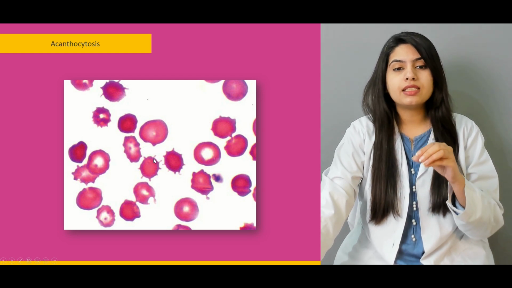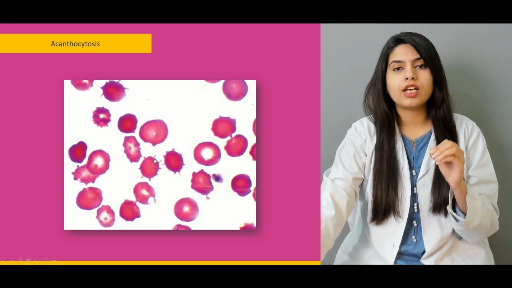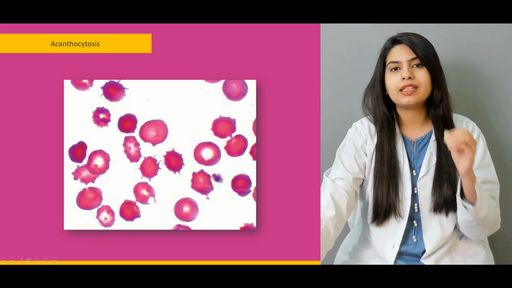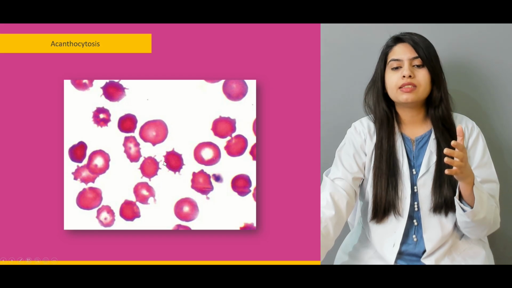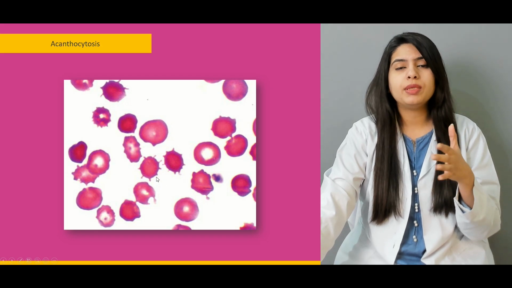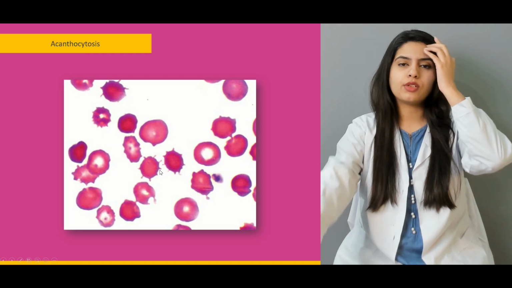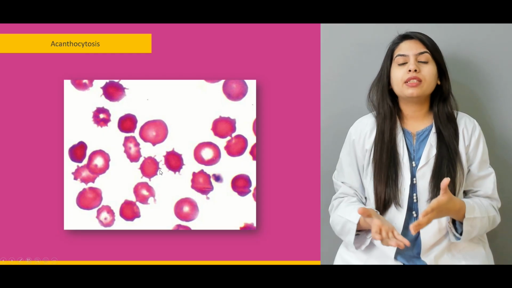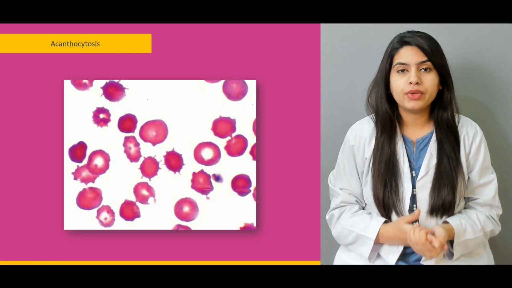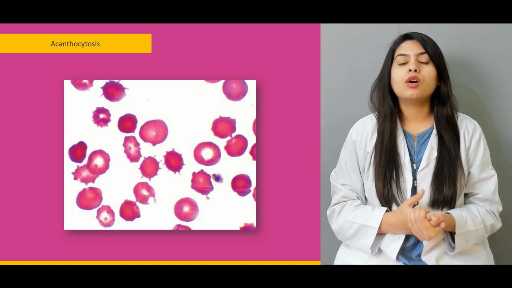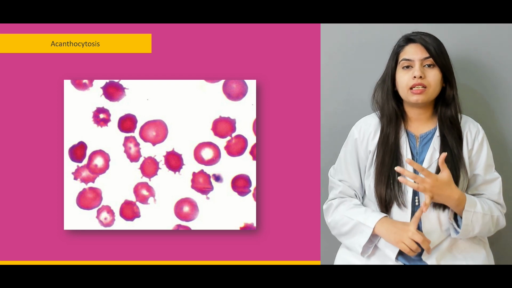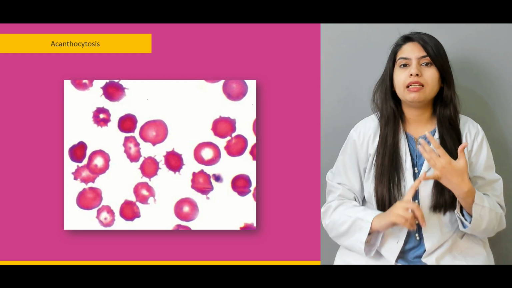Echinocytosis is where this spiny formation is more regular as compared to acanthocytosis. Here, there is a defect in the lipid membrane of the red blood cells. Now, this defect is mostly due to liver disease.